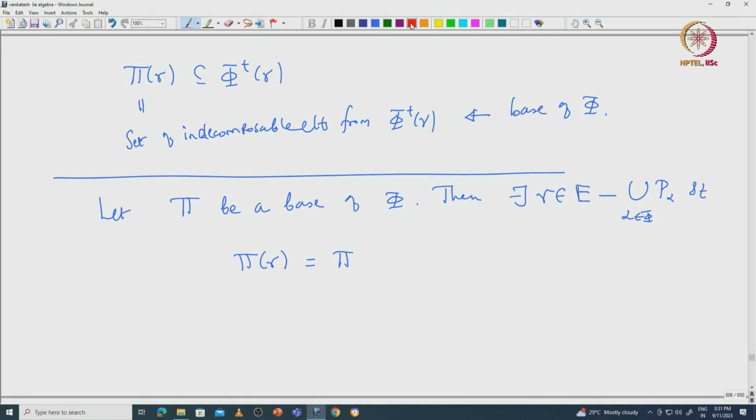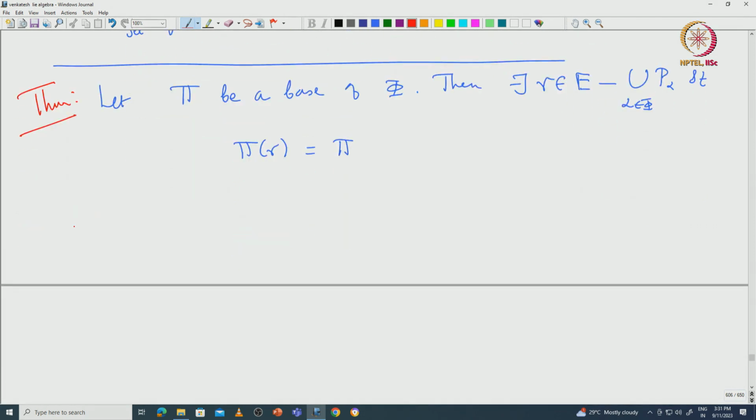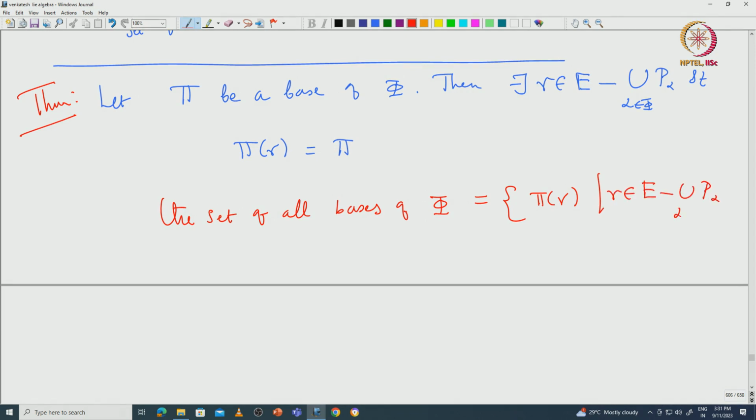So this is the theorem that we want to prove. Okay. So this proves that the set of all bases of phi are nothing but just pi of gamma, where gamma runs over all these regular elements.